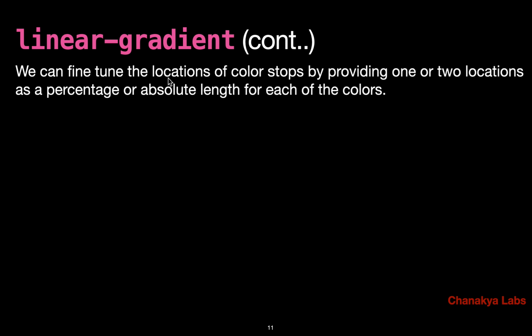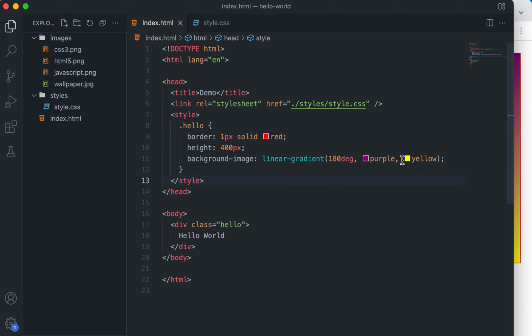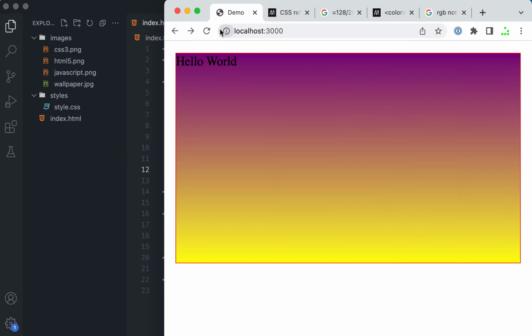Another thing is that we can fine tune the location of these color stops by providing one or more locations as a percentage or absolute length for each of the colors. What it means is that when I am setting a direction, that is fine, and I am giving colors, that is fine, but what if I want to set where that color is? Let's say purple, red and yellow, these 3 colors are there.